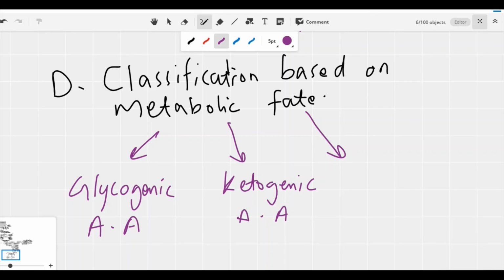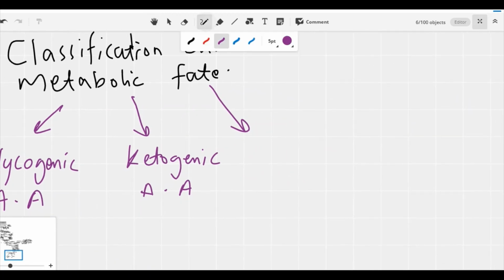One is glycogenic amino acids, the second is ketogenic amino acids, and the third has both, a mixture of glycogenic and ketogenic.